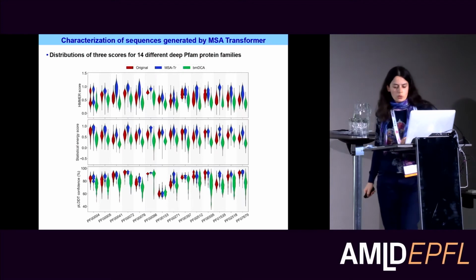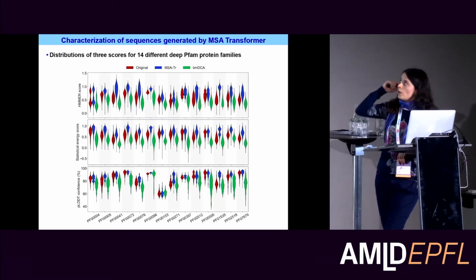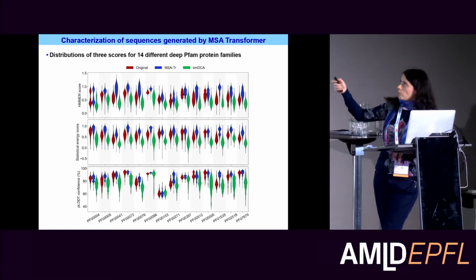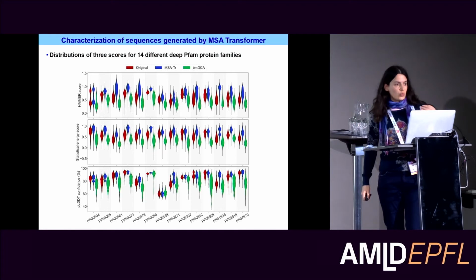Now I'm going to show you some results for more families. We have studied, in fact, 14 different deep protein families, which really correspond to completely different protein functions. We are focusing on the deep ones, which means lots of sequences in the alignment, because we need this in order to fit properly a Potts model.